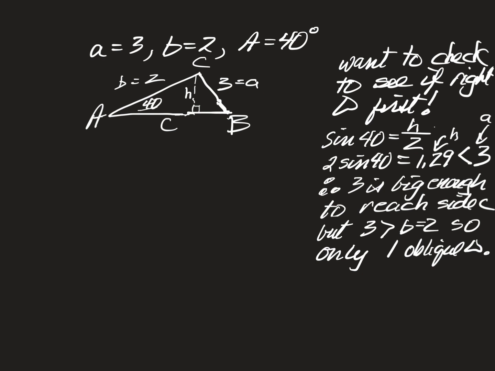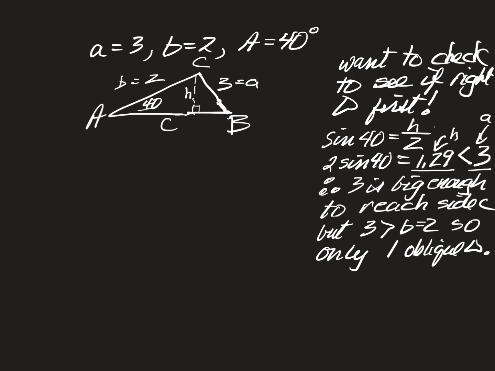So 2 times the sine of 40 is equal to H, right here, 1.29. And I can see that A is bigger than that. All right? Since A is bigger than the 1.29, it's big enough to reach side C. However, 3 is also bigger than side B, so that means there's only one oblique triangle.